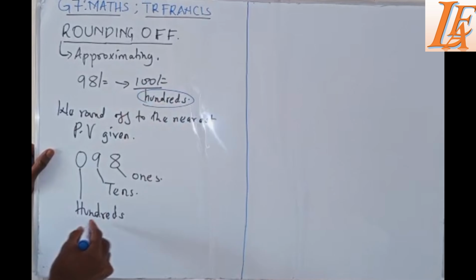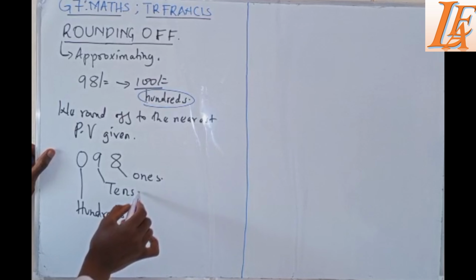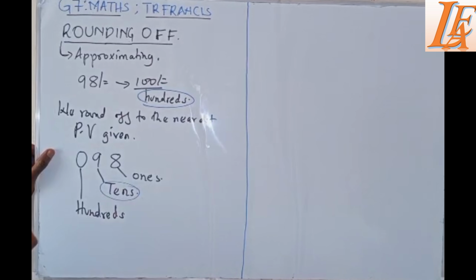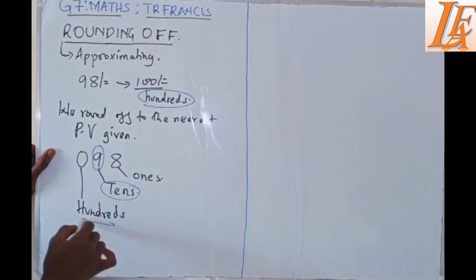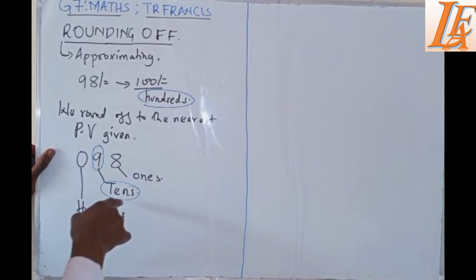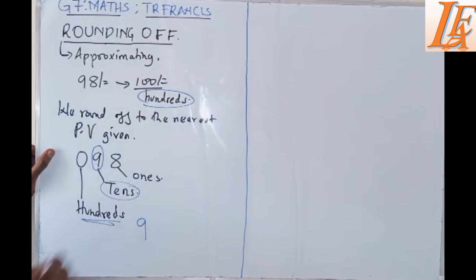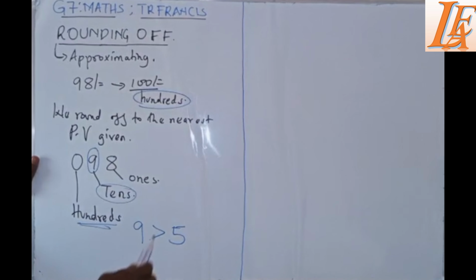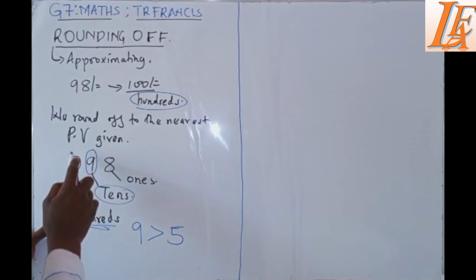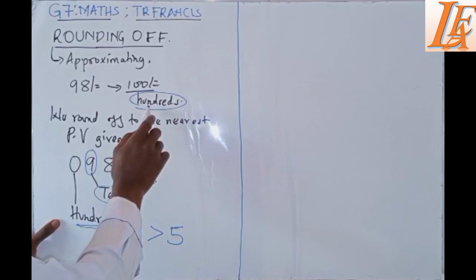The place value before hundreds is tens. We look at the digit in that place value, which is 9. And since 9 is greater than 5, we add 1 to 0, which is the hundreds place value we are rounding off.